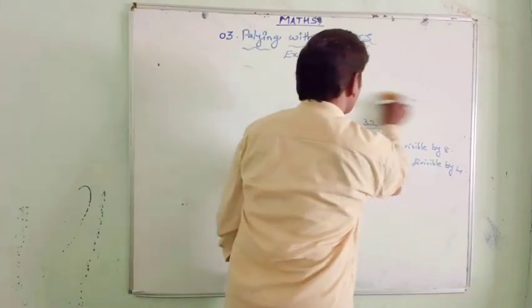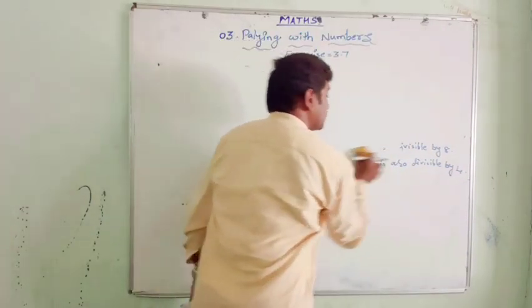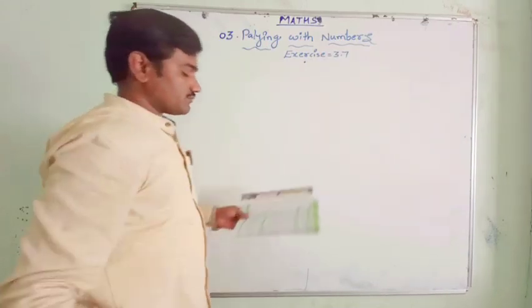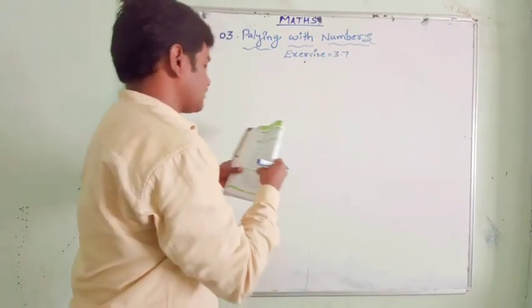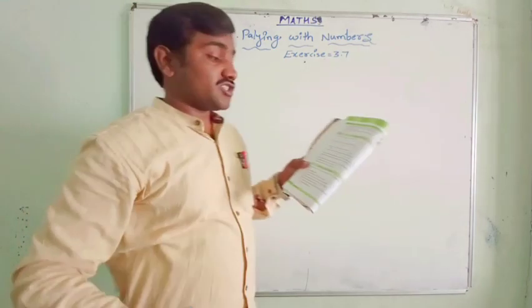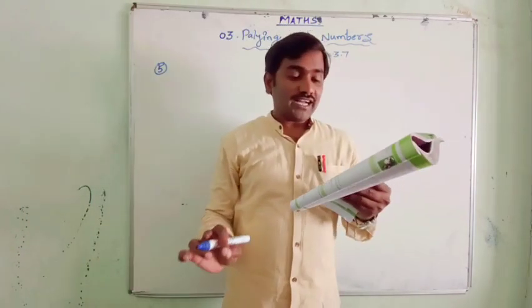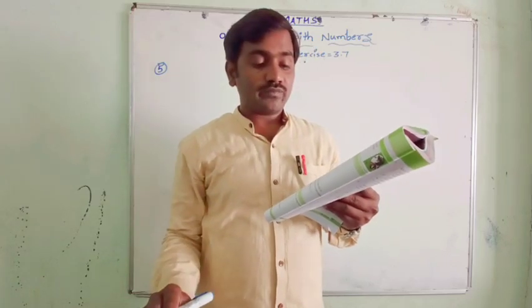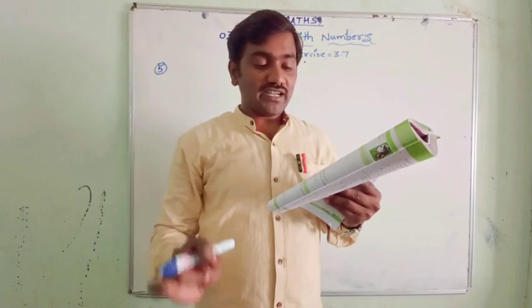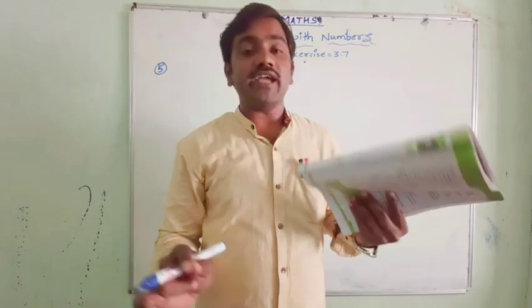So there is one more problem in this bit. You have to check whether that number is divisible by 4 and by 8 or not. Here is question number 5. Find the smallest number that must be added to 2,89,279 so that it is divisible by 8.